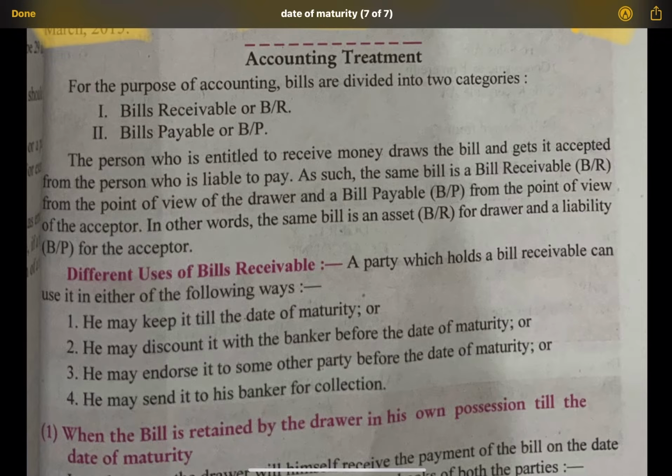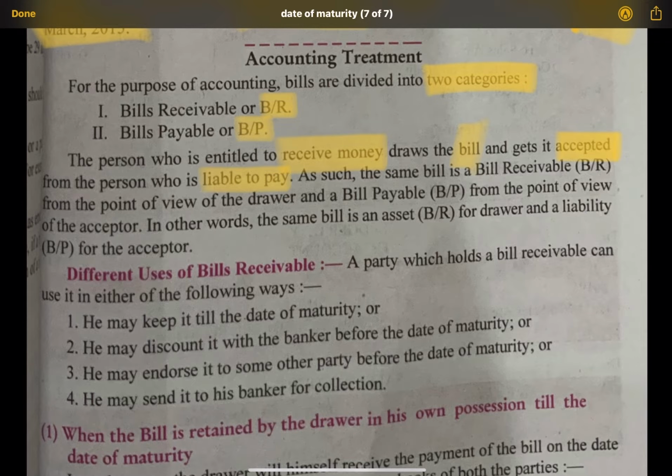Accounting treatment के लिए we need to understand that there are two categories of bills of exchange. Just like I have told you, bills receivable, bills payable. In short, it can be written as B/R, B/P. The person who is entitled to receive money draws the bills and gets it accepted from the person who is liable to pay. तो मतलब वो person bill बनाएंगे and they are going to get it accepted from the person who is like ultimately the customer, okay, or the debtor.